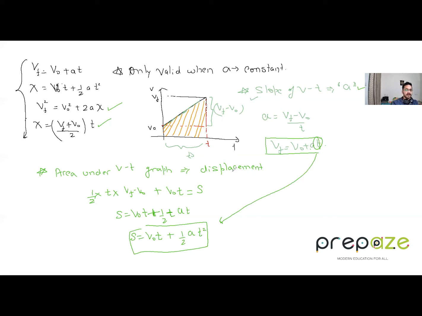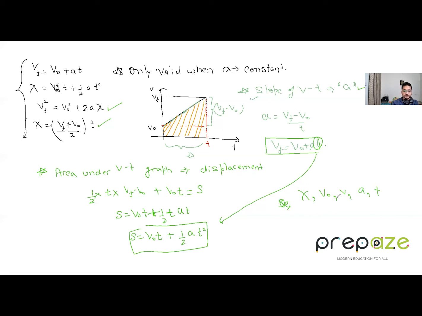The last important point I want to tell you is that whenever there's a question on equations of motion, you should always remember you should have 3 variables with you. I told you there are 5 variables, right? So at least 3 variables should be with you. We have S, we have V naught, we have V, we have A, and we have t.